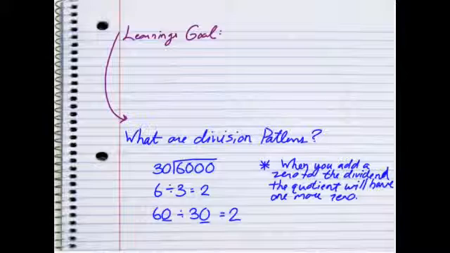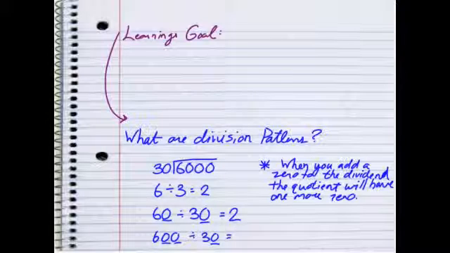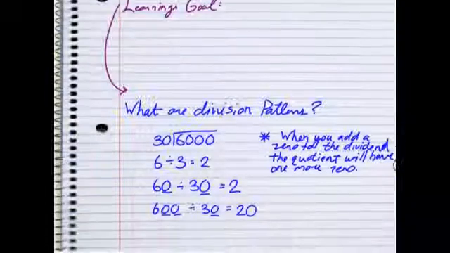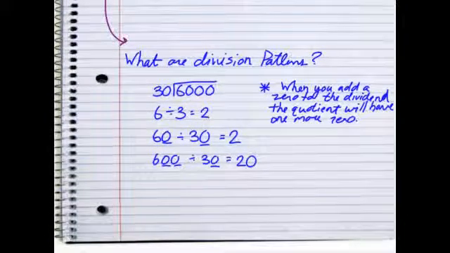If I have 600 divided by 30, I have an extra 0 in my dividend. So my solution, my quotient, is going to have an extra 0, right? So now 600 divided by 30 equals 20.